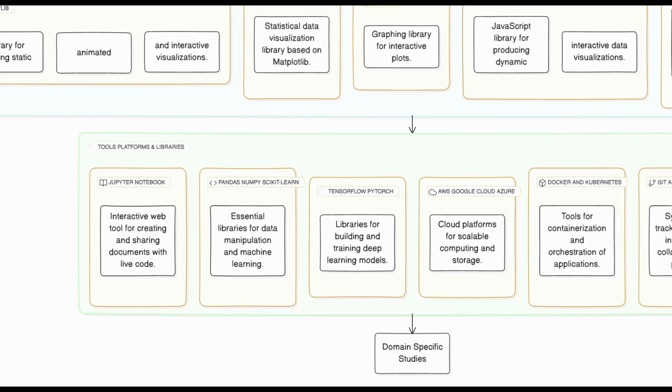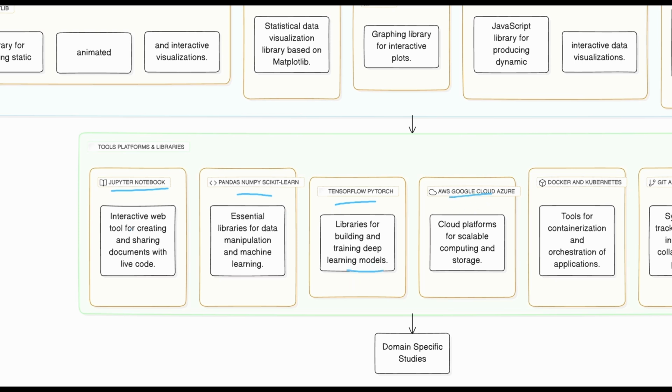Next, we have tools, platforms, and libraries. Again, if you're working in Jupyter Notebooks, which is Python, you can interactively do coding and share documents, and there's live coding as well. There's Pandas, NumPy, and Scikit-learn, which are all Python packages, and these are essential for data manipulation, machine learning, etc. There's of course TensorFlow and PyTorch, libraries for building and training neural networks and deep learning models.